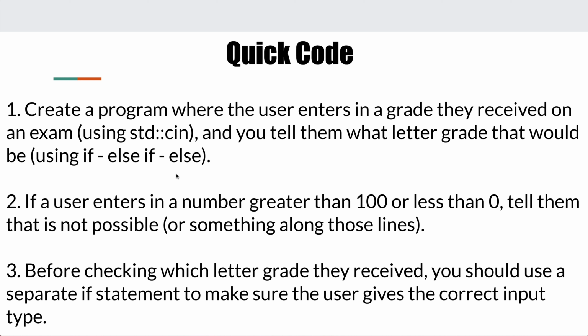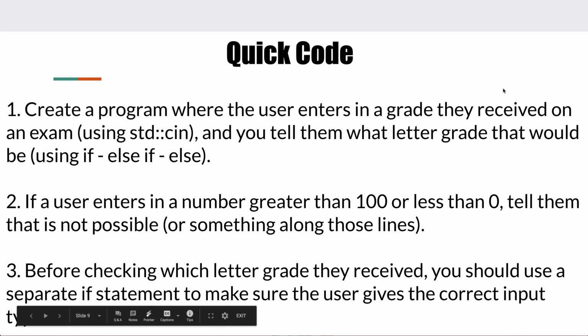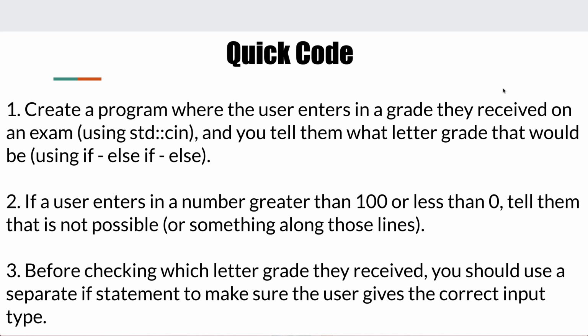You're not getting 1,000. You're not getting a -5. So you need to include conditions, in those relational operators, to check for that. And then before checking which letter grade they received, you should use a separate if statement to make sure the user gives the correct input type. And that's what I showed you with clearing the cin flags and clearing the buffer to make sure that it's available.